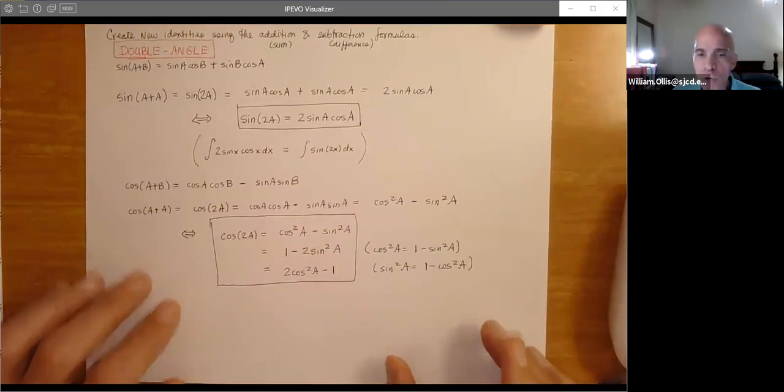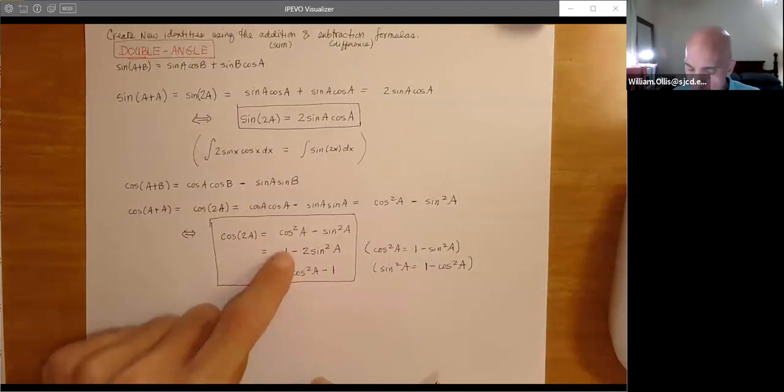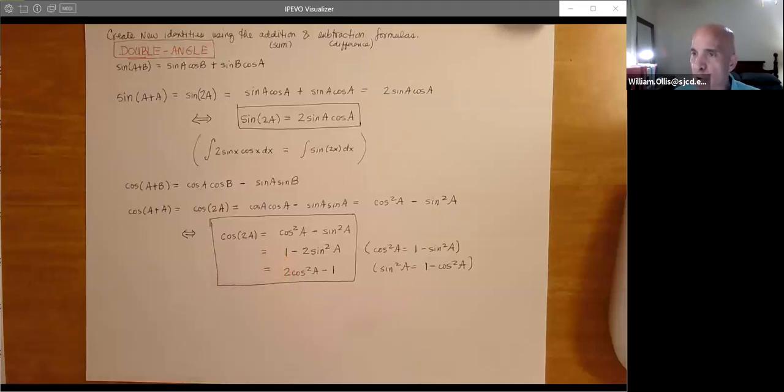So when we have the cosine of the double angle, if we're solving a trig equation, we're going to enjoy the second one and the third one because it will just have one type of trig function. For instance, if we're solving a trig equation, we want all the trig functions to be the same, like having all the bases the same with the logarithms. We can't apply the algebra if we've got all kinds of different trig functions hanging out.